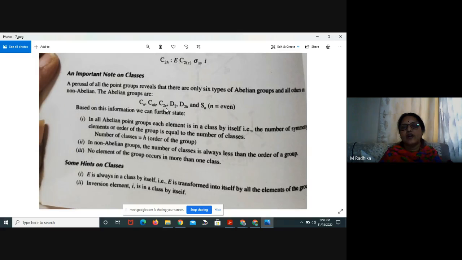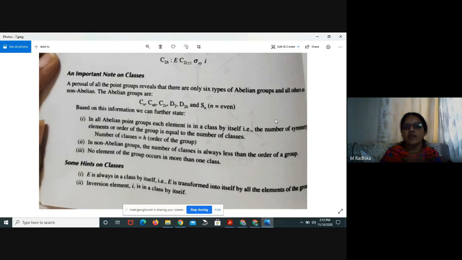That means each element is in a class by itself. The number of symmetry elements, or order of the group, is equal to the number of classes. In non-abelian groups, the number of classes is always less than the order of the group.